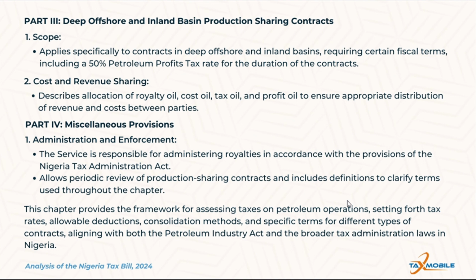Profit oil, the remaining revenue shared between the government and the company based on agreed terms. Now, this structure ensures that the government secures its fair share of revenue while incentivizing continued investment in high-risk areas.